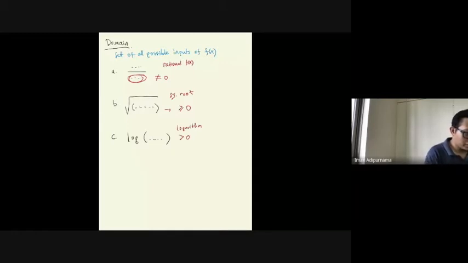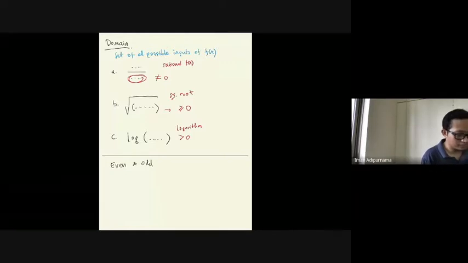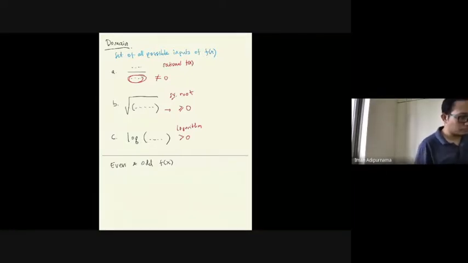And then another thing about functions, there are even and odd functions. So you have even functions, you have odd functions.